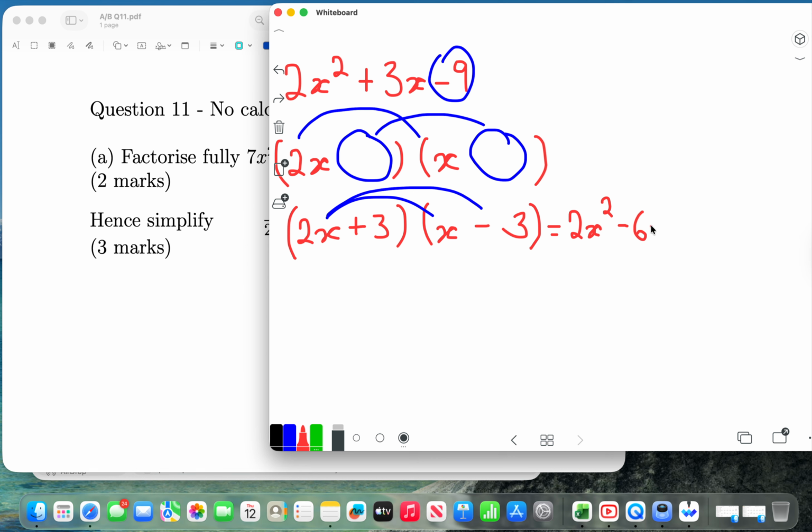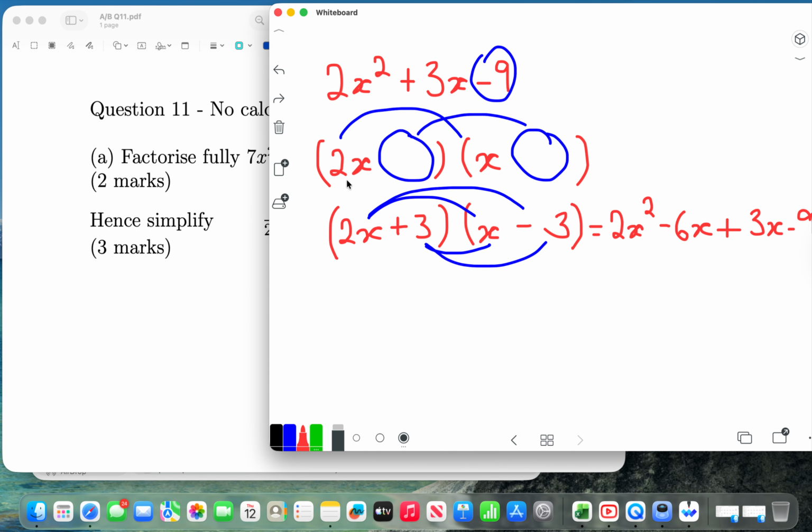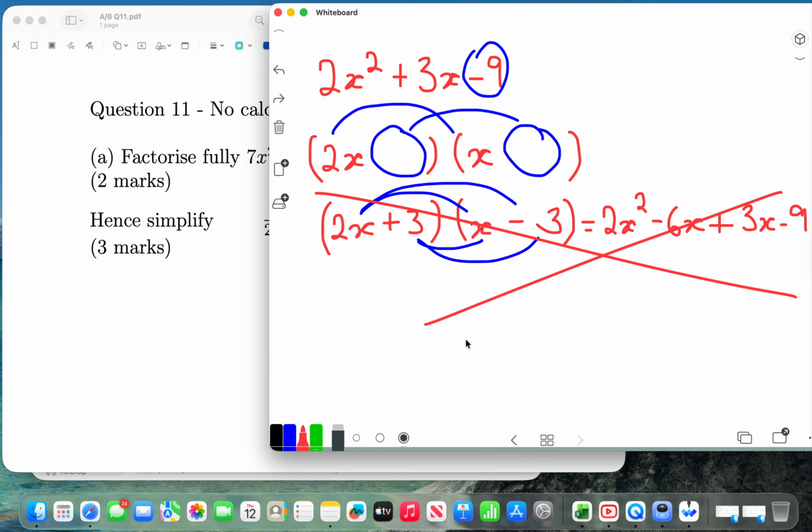That is -6x. Then we add on 3x and we take away 9. And the term in x is going to be -3x, which is not equal to +3x. So this one can get scored out because it's not the correct one.